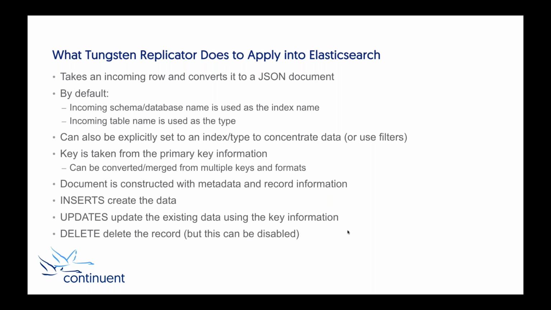The idea is that the indexes contain all of the same information, and then the type ultimately contains more specific types of information within that overall bucket for a particular type.